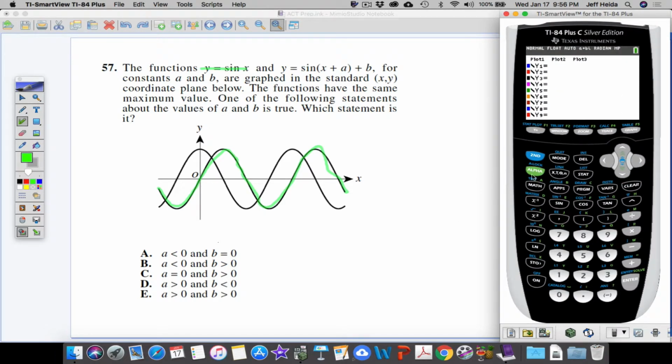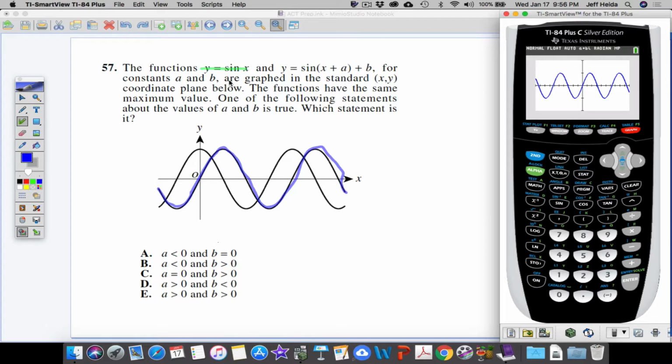So let's put sine x into the calculator. And I don't expect you to be able to do this. This is a graphing calculator, and it requires an understanding of trig functions to be able to do this. But let's graph this sine function. And you know what? Just to make it look the same as the calculator, I'm going to do this in blue.